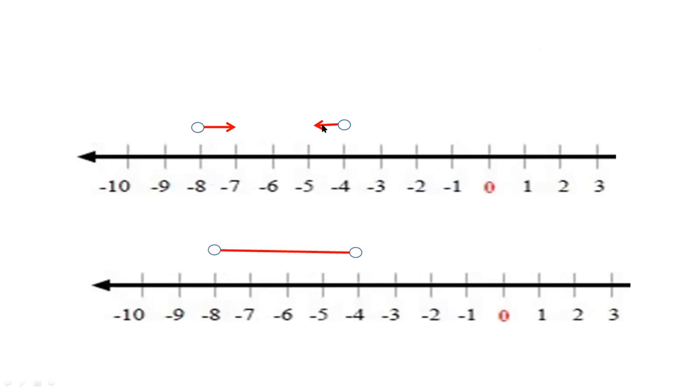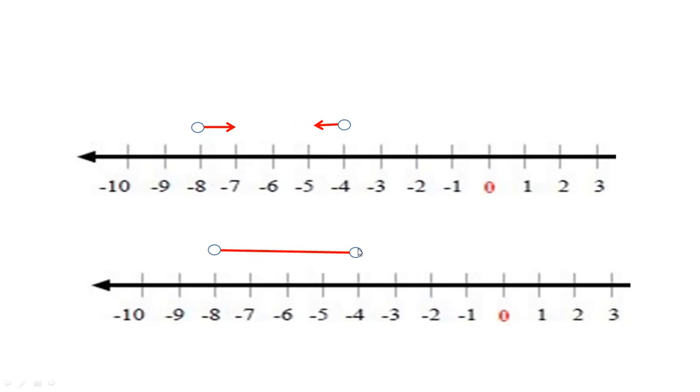Where these two lines meet together, we find the specified range, the numbers from minus 8 till minus 4. So finally, we can draw a number line from minus 8 till minus 4.